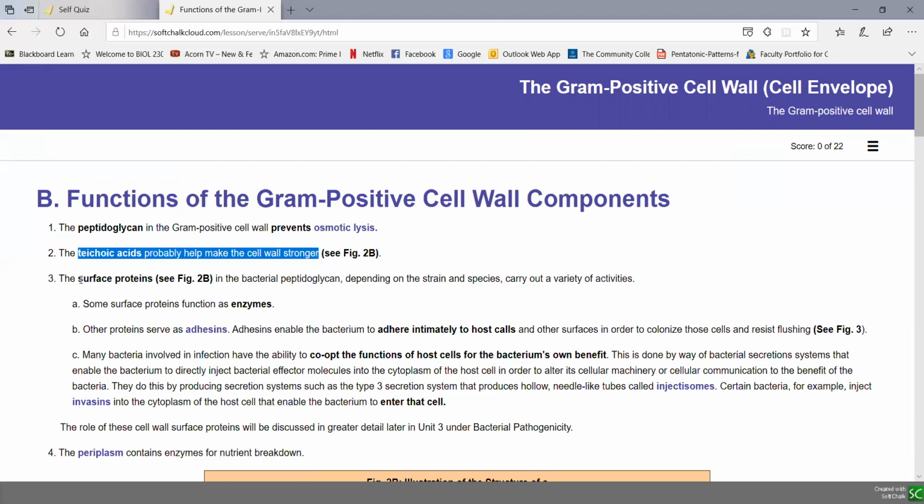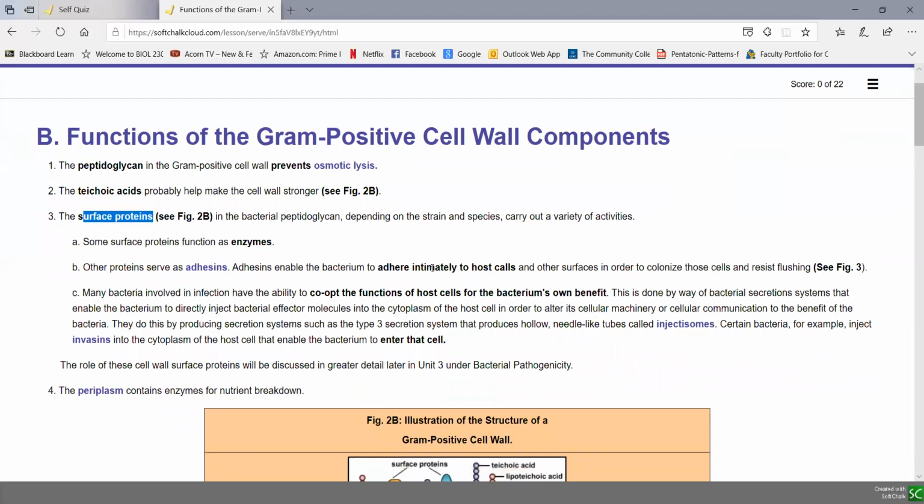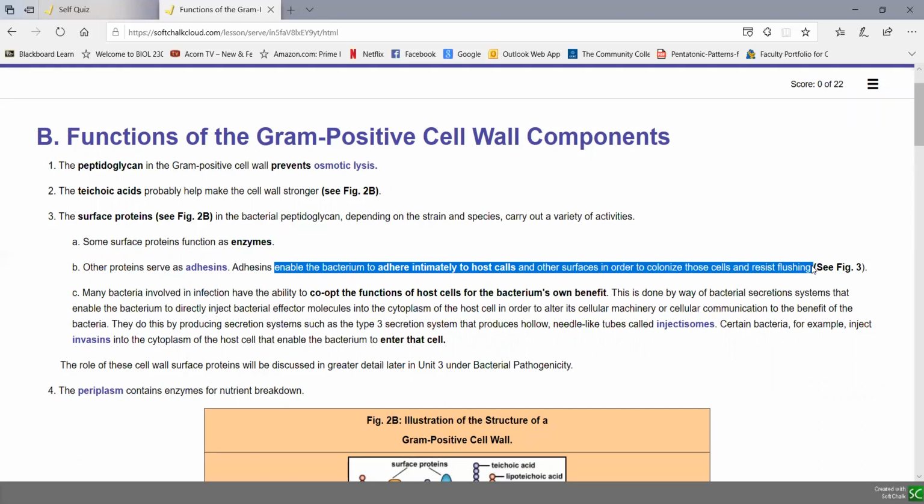The surface proteins can do a number of things depending on the bacterium. Some of the surface proteins are simply enzymes carrying out surface chemical reactions. But something we're going to talk about quite a bit during the course is that many of these surface proteins function as adhesins. And these adhesins are molecules in the cell wall that enable the bacterium to adhere intimately to our cells or to other surfaces in order to colonize cells and resist flushing.